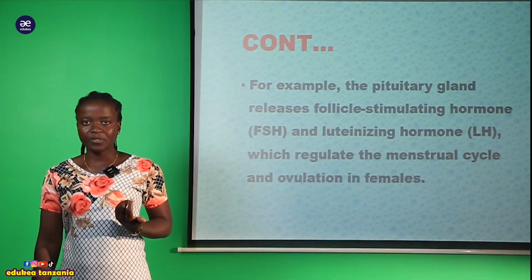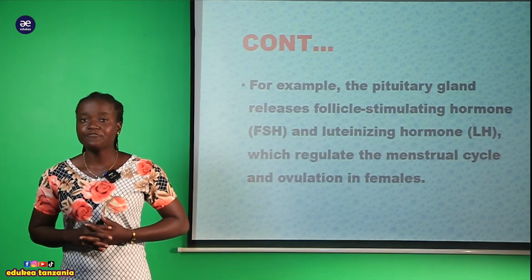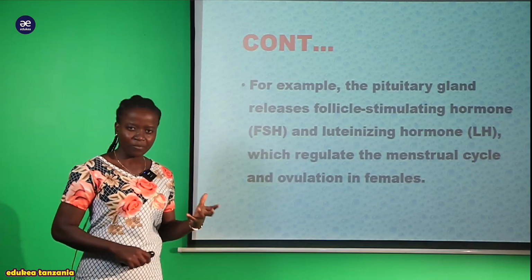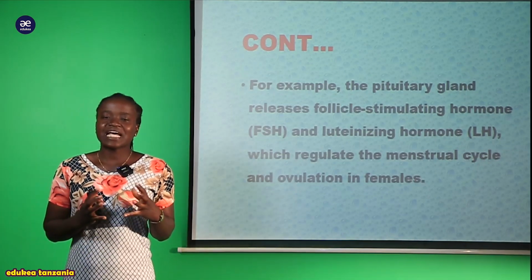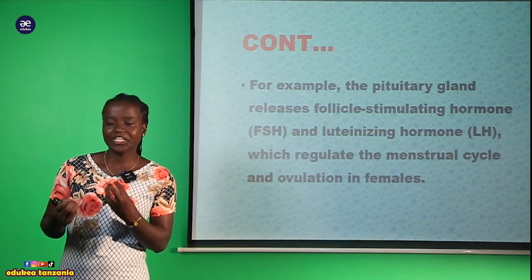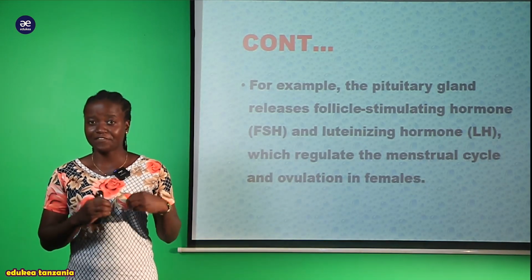Follicle stimulating hormone itaenda kustimulate the growth of the ovarian follicles. But also we have the luteinizing hormone that will stabilize and make maturation of the egg or the ovum within the female.